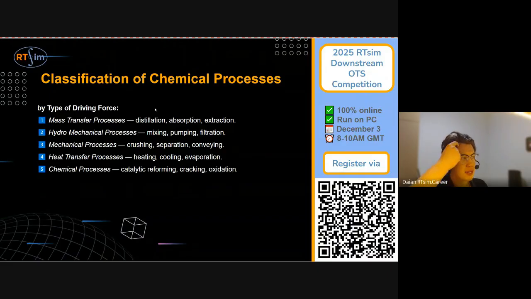The main classification of chemical processes is by driving forces: mass transfer processes like distillation, absorption, extraction; the second type is hydromechanical processes; then mechanical processes, heat transfer processes, and chemical processes.